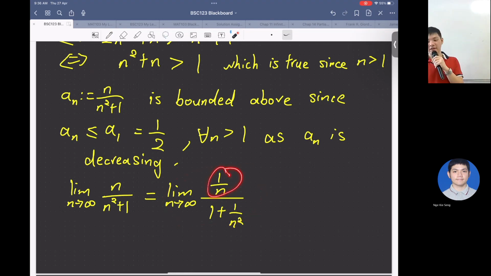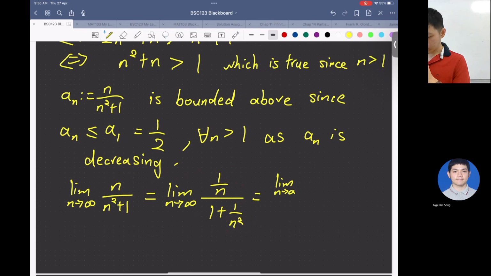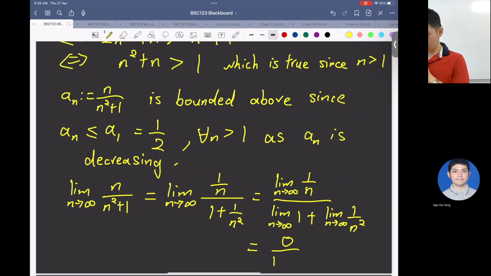Because this is a combination of convergent sequences, you can bring the limit into all the terms, which is 0 over 1 plus 0, which is 0.